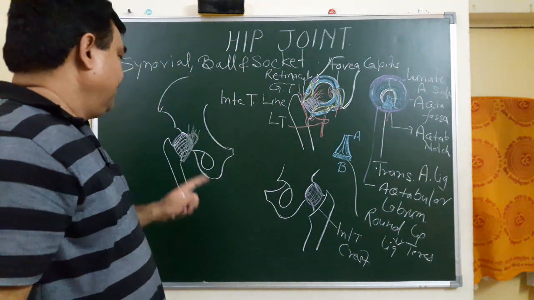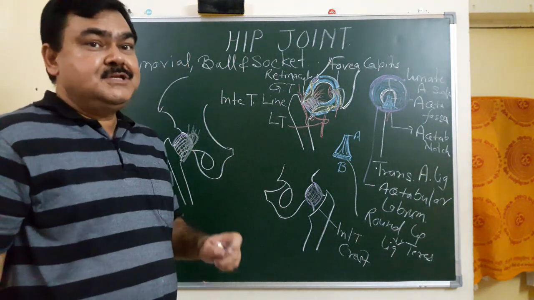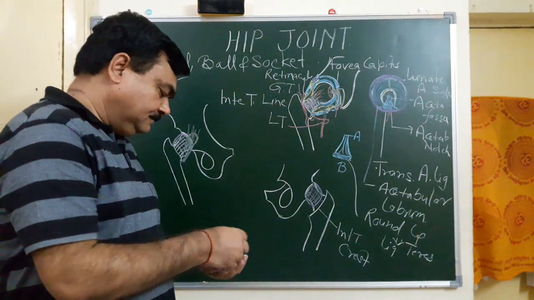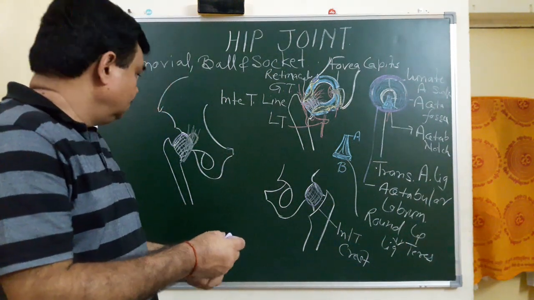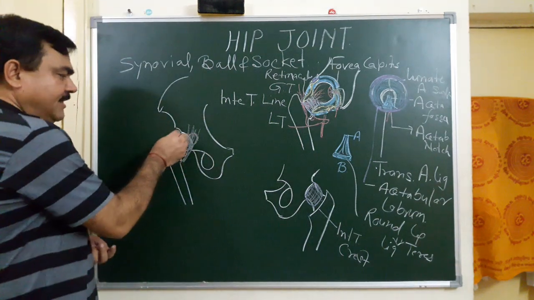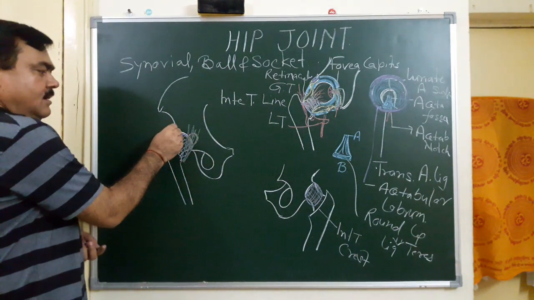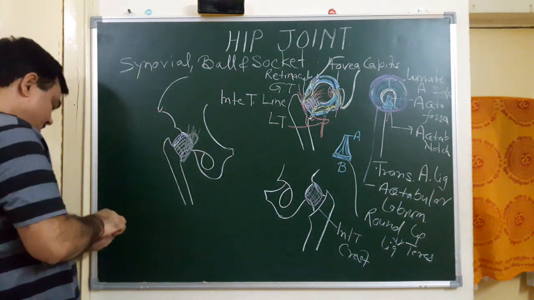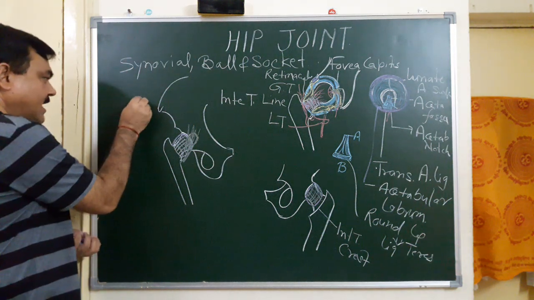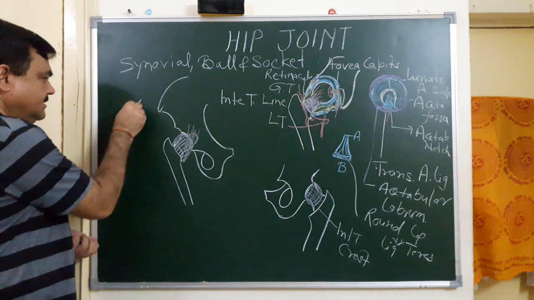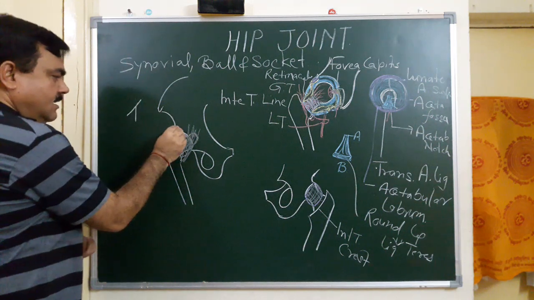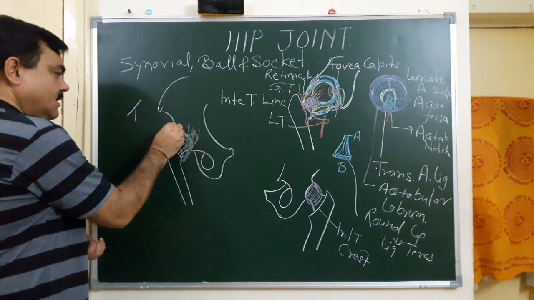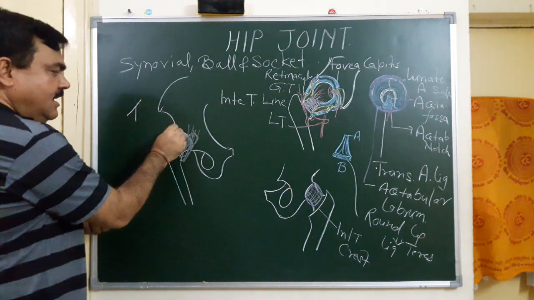Another important thing: the ligaments which support the joint anteriorly. These ligaments are the iliofemoral ligament. Medially, it is Y-shaped, an inverted Y, like this. So medially it is attached with the anterior inferior iliac spine.